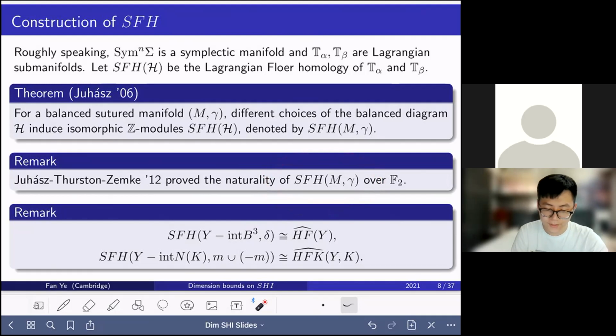By the way, in the special case we mentioned before, if we consider Y minus B^3 with a suture curve on its boundary, then we just recover HF hat of Y. And if we consider SFH of Y minus the interior of a neighborhood of K with two meridional sutures, then we recover HFK hat of (Y, K).